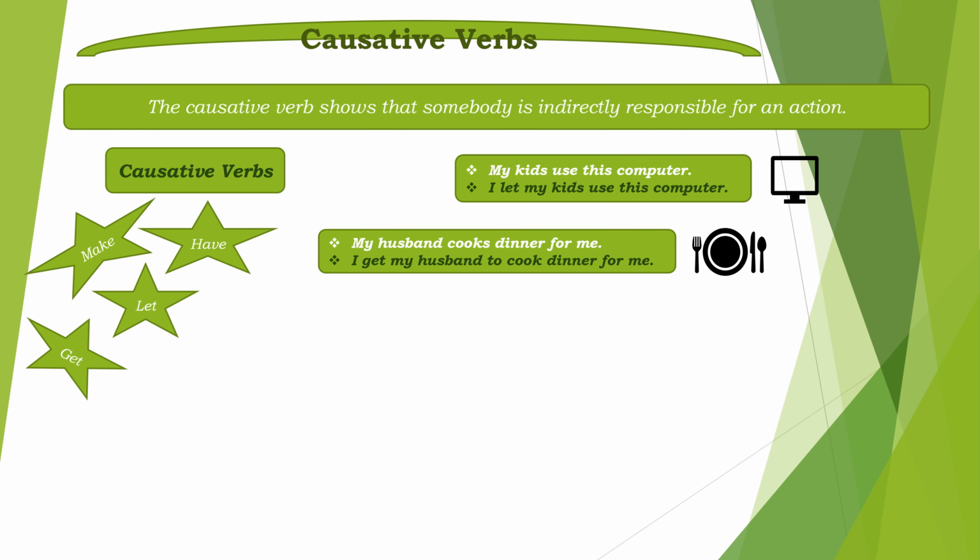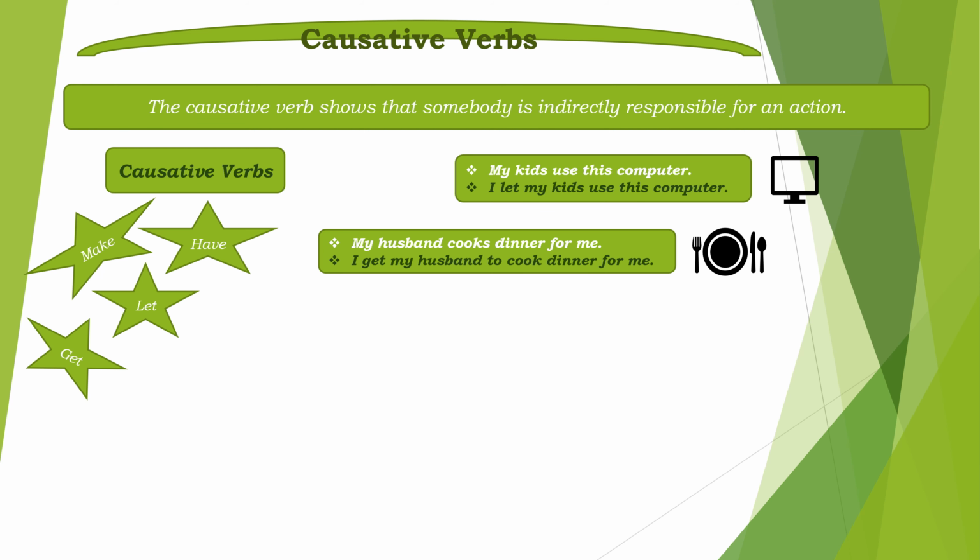But think about if he is not willing to cook dinner for me, and I am so tired that I want him to cook dinner for me. In that case, I have to use a causative sentence because I have to cause my husband, or make my husband, cook dinner for me.